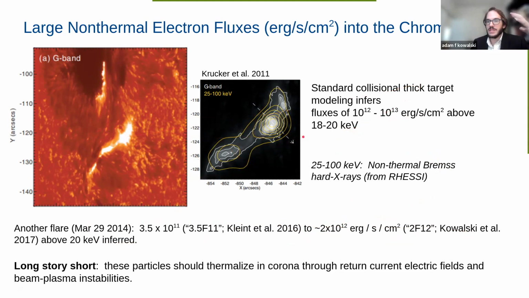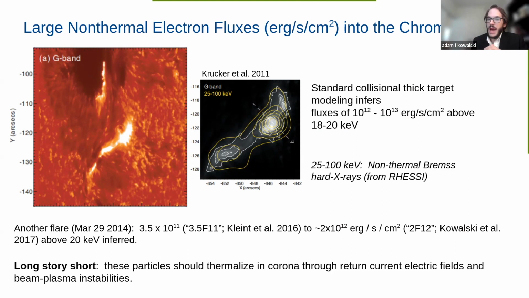Why is this interesting? Why is this potentially a problem? Well, if you have high flux electron beams that are produced in the corona near the acceleration region, the electron beams will stream ahead of the accelerated protons. You'll get a very, very strong electric field that forms because of the charge displacement. This electric field will actually act to slow down the beam itself. It will drive a background current, and that current will deposit the energy of the beam into the plasma.